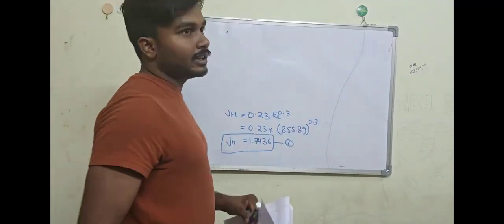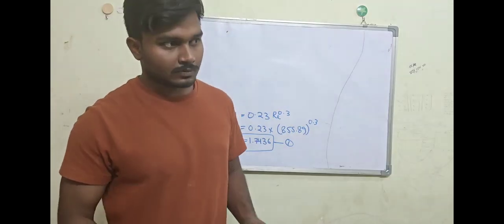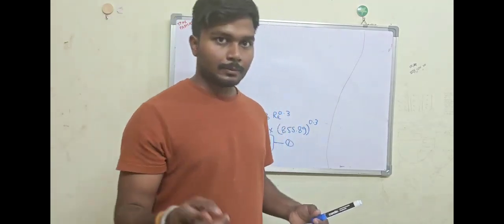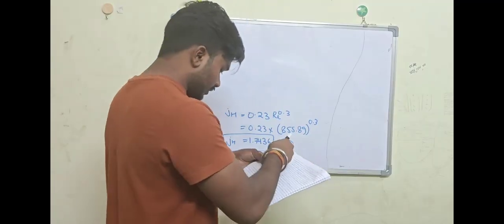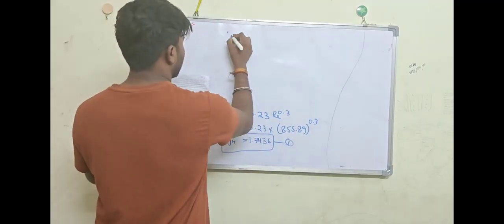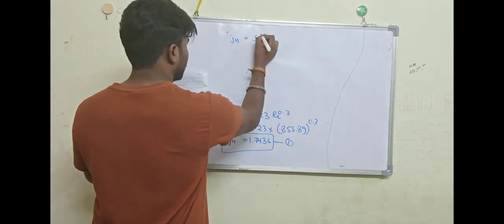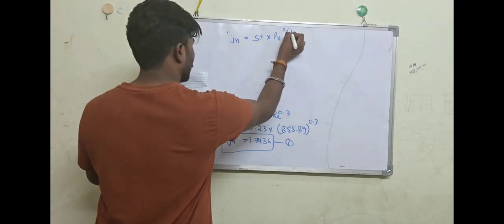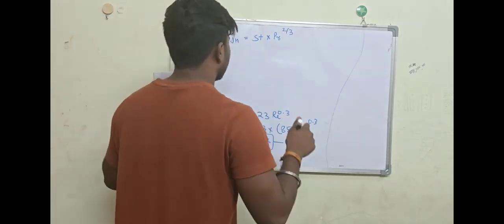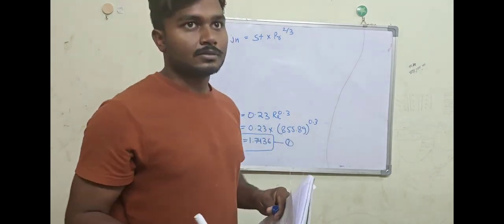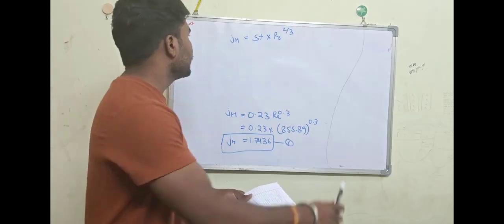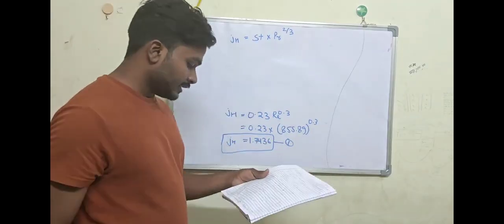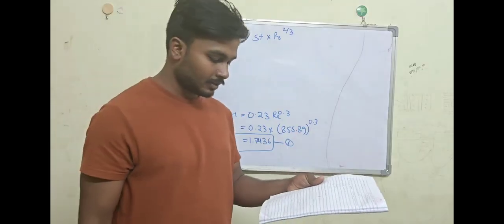We had also studied the Chilton-Colburn analogy. From that analogy, we are picking up a formula which is JH equals Stanton number into Prandtl number to the power 2 by 3. This is what we got from the Chilton-Colburn factor for heat transfer.